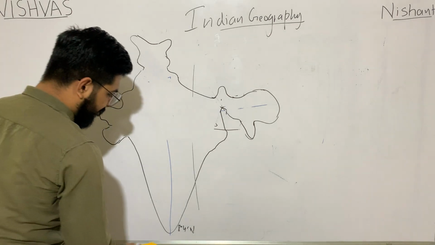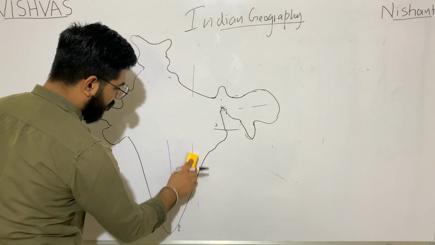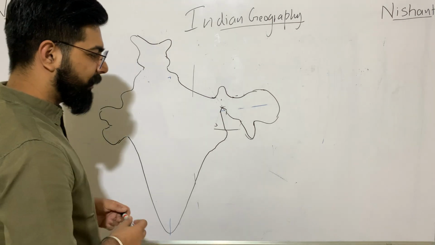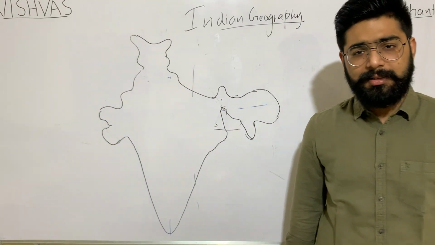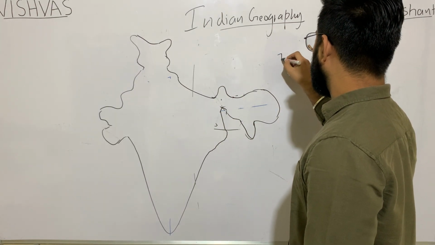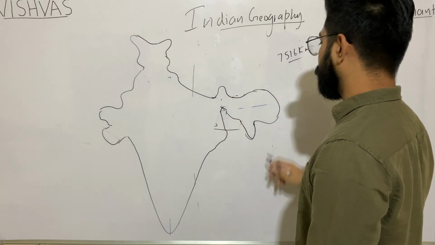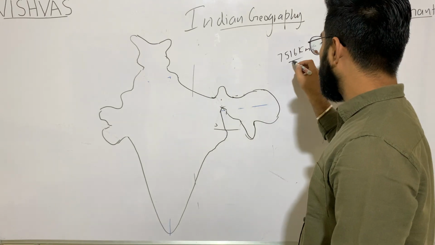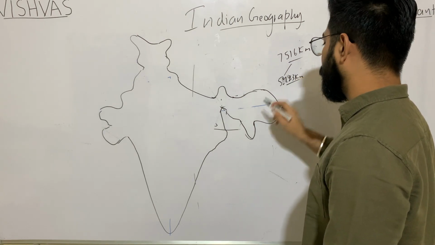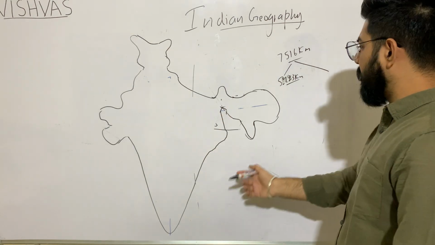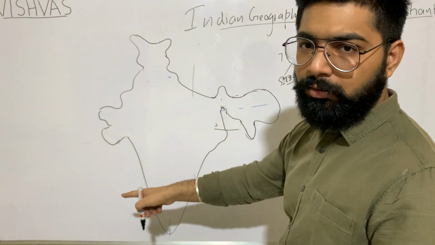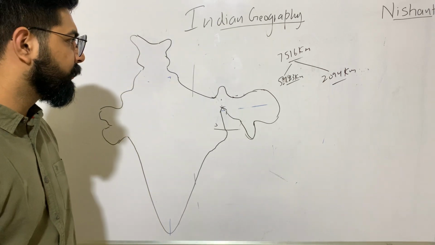Oceanic proximity or coastal location means that India has the longest coastline in the Indian Ocean, and the coastline is around 7516 kilometer, out of which 5423 kilometer is of the mainland, and 2094 kilometer is of the Union Territories, one Lakshadweep and the other Andaman and Nicobar.